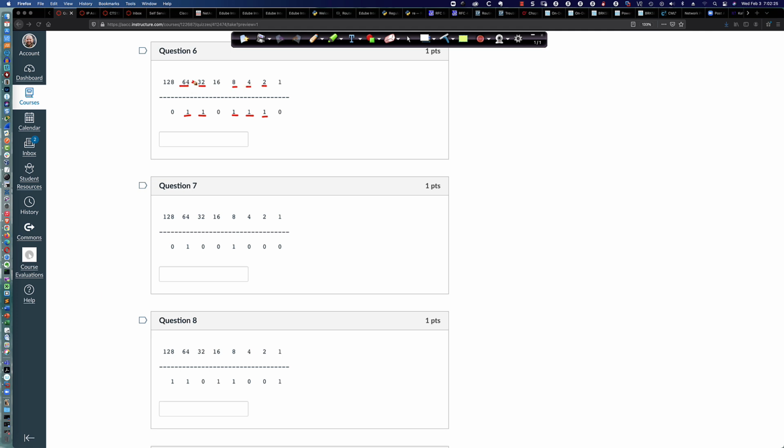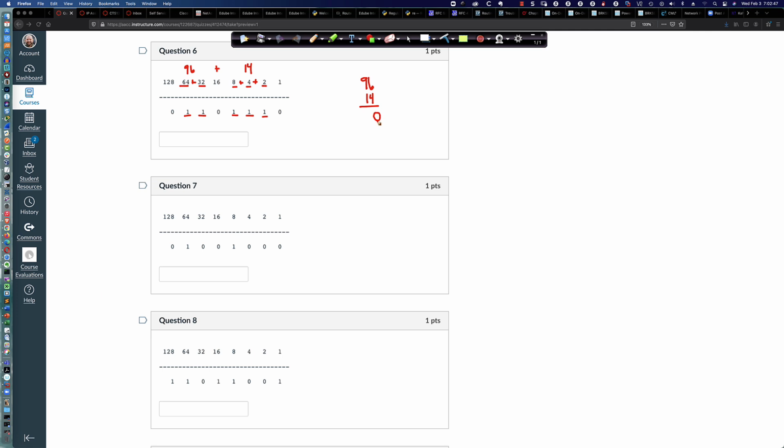So 64 plus 32 we know is 96. And then 8 plus 4 plus 2, well, it's 12 plus 2 would be 14. And so then we add together 96 and 14. And that's going to give us, if I was to draw it out over here, and again, this one might require you to draw it out. And so we would say 6 plus 4 is 10.